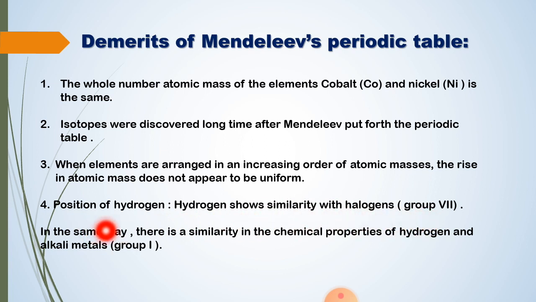In the same way, there is a similarity in the chemical properties of hydrogen and the alkali metals, that is group 1. So here you can see there is some confusion regarding the position of hydrogen, where the hydrogen element is to be placed in Mendeleev's periodic table. So these are the demerits of Mendeleev's periodic table.